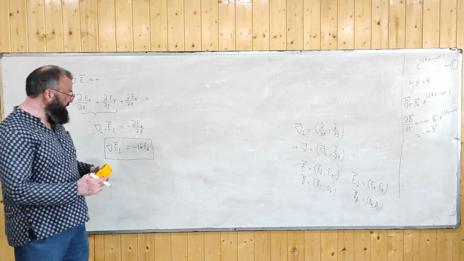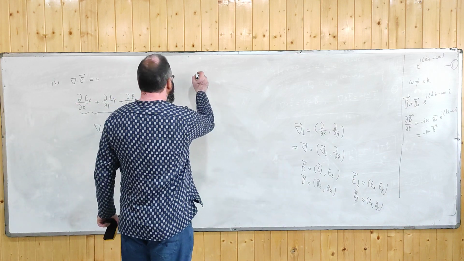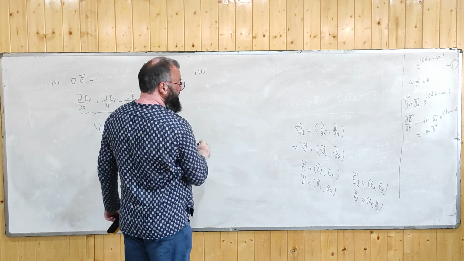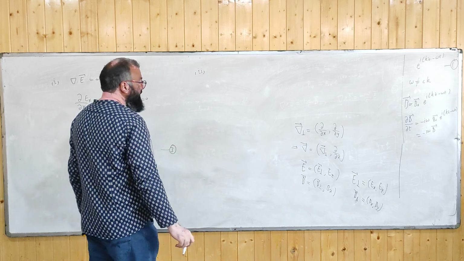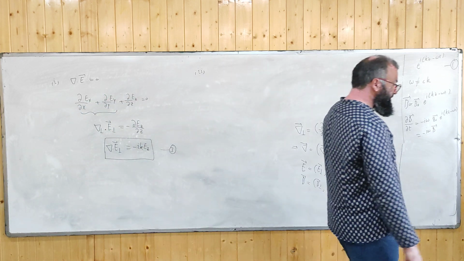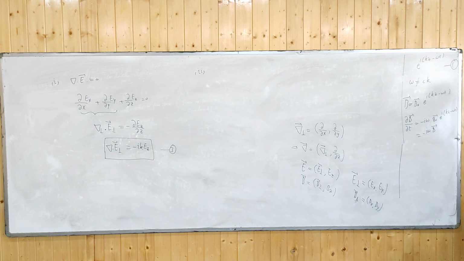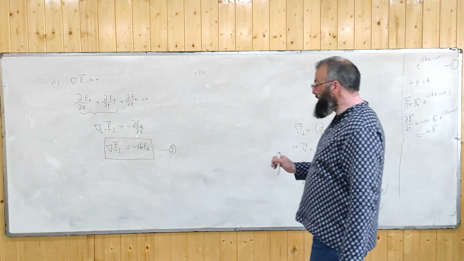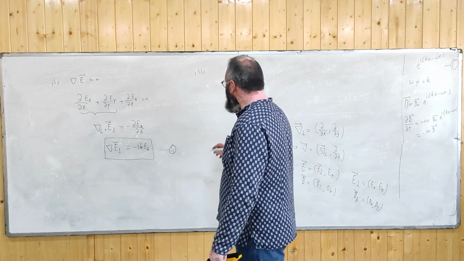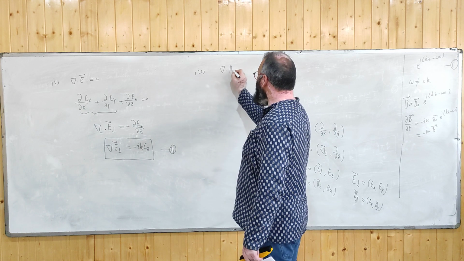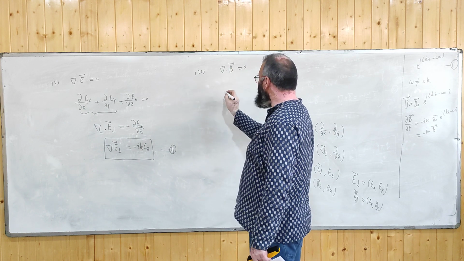Now let's say del dot B. So what was the numbering? Let's call this equation third. Let me check my notation. I have called this as fourth, and this notation as third. I will keep my notation. So del dot B. Can anybody tell me what this del dot B is now?